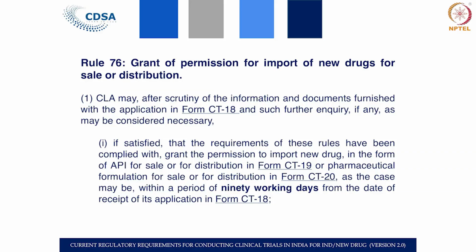The applicants can also rectify the deficiencies and come back to the CLA within the specified timeline and get permission for the import of the new drug under CT 19, and CT 20 for the formulation, or there may be a rejection of the application. All this has a timeline of 90 days.